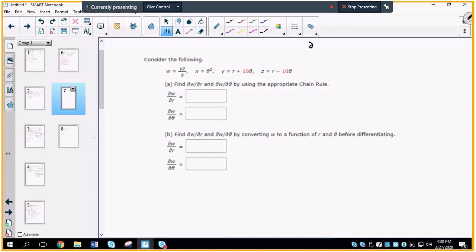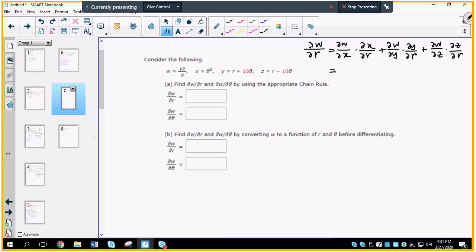So as usual, we'll say del w del r is going to be del w del x times del x del r plus del w del y times del y del r plus del w del z times del z del r. So let's find it first. Del w del x.